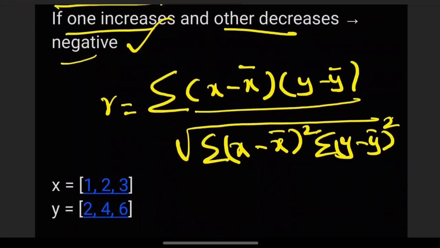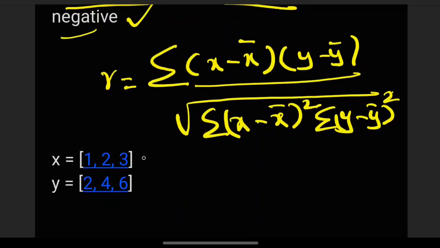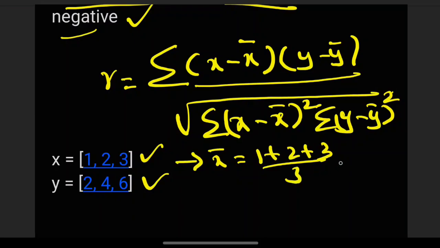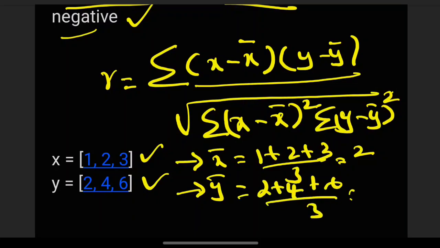This is the formula. Here x is these values and y is these values. x bar is the mean, 1 plus 2 plus 3 by 3, which gives 2. y bar is 2 plus 4 plus 6 by 3, which gives 4.